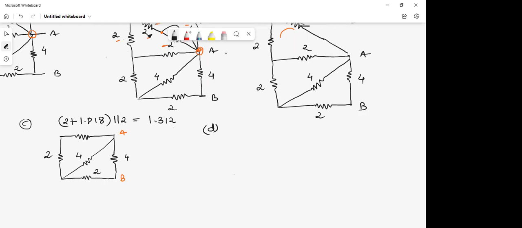And hence I'll take this is 1.312 plus 2 parallel 4. Calculate.